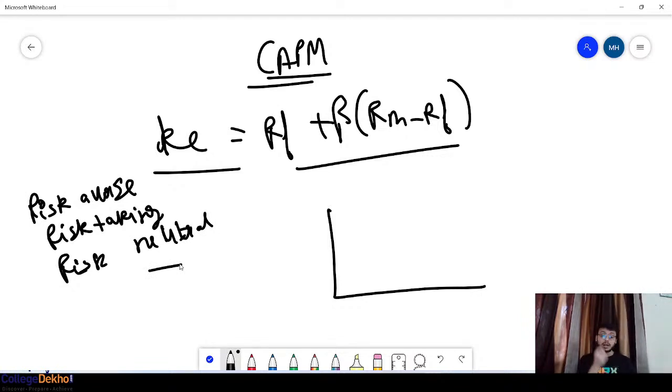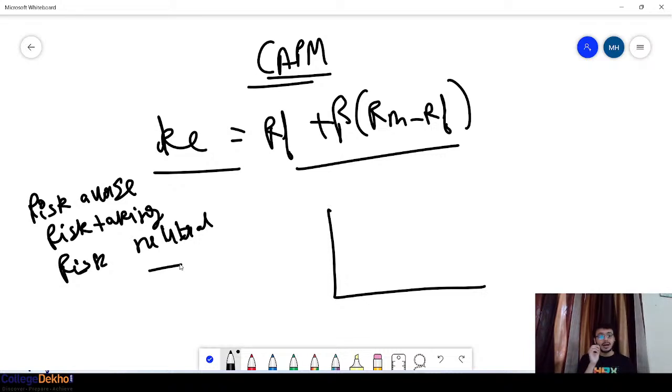So three kinds of investors are there in the market: risk averse, risk taking, and risk neutral. A risk averse investor is a person who does not want to take risk in the market. He would be maintaining around 75 to 85% of the portfolio in fixed income instruments, by which I mean bonds, debentures, fixed deposits, certificates of deposit, commercial papers, treasury bills, notes.